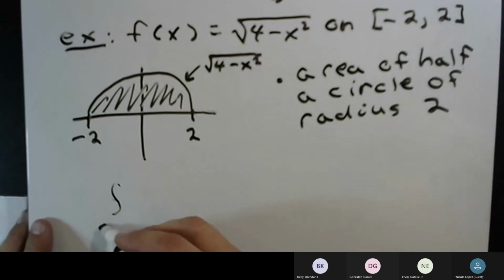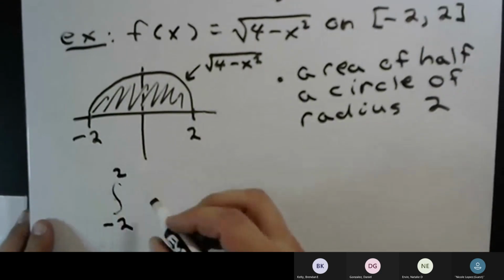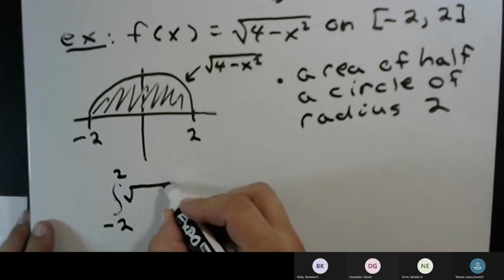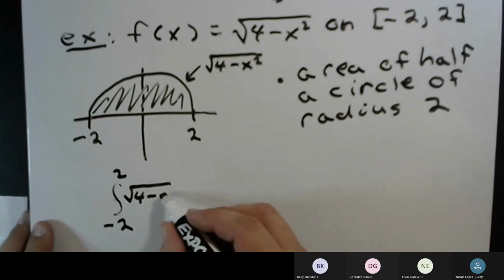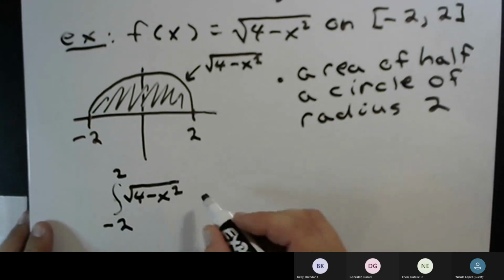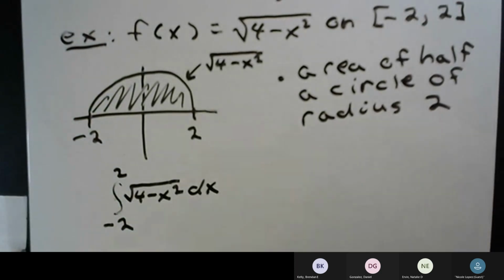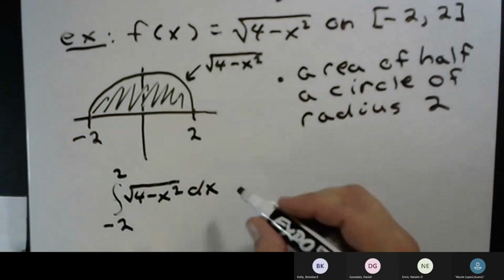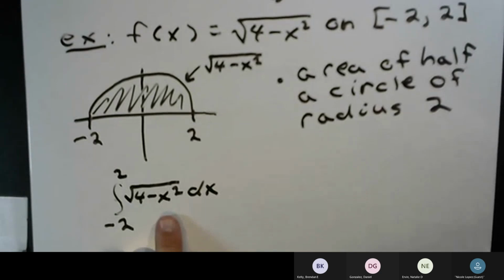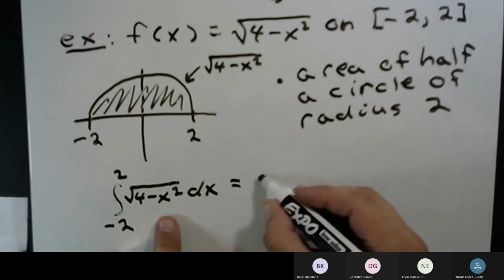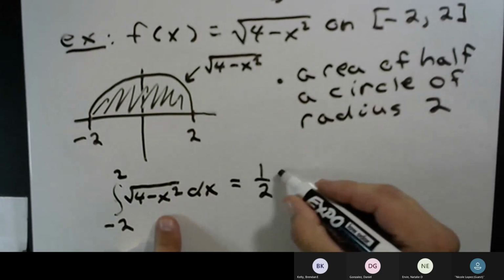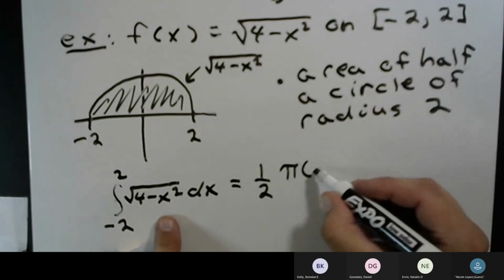So what we're going to find out is that the integral of the square root of 4 minus x squared is a complicated integral. Even though we don't have any formulas for something like this, we do know that it's going to be 1/2 pi r squared.